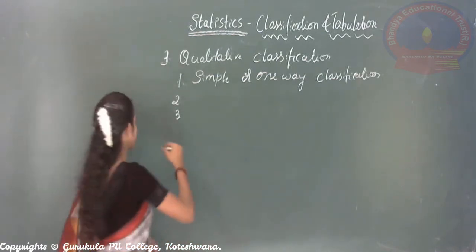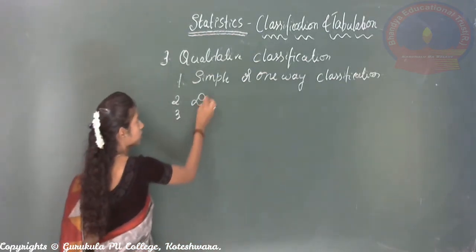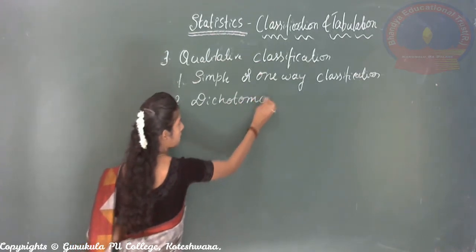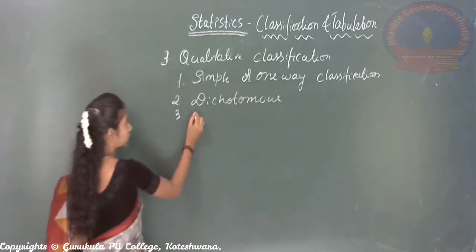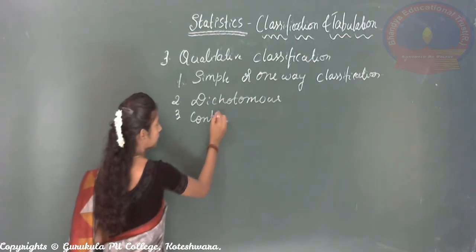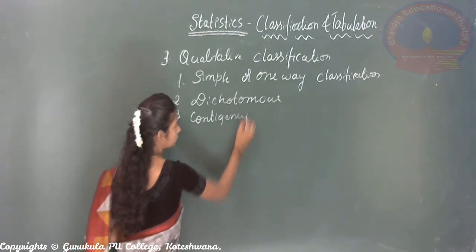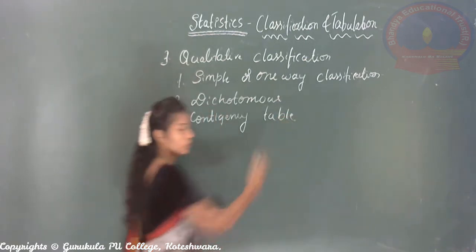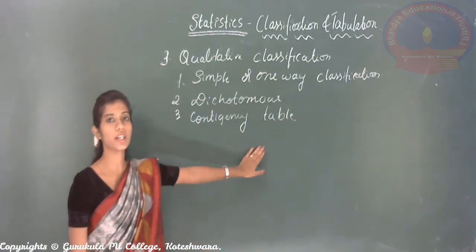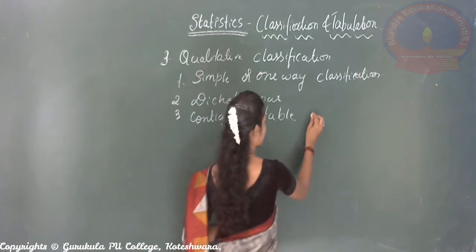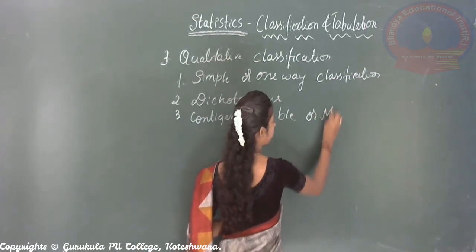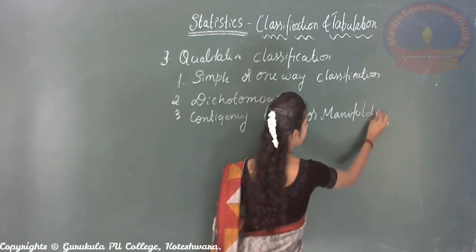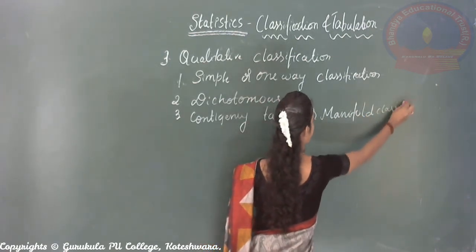Second one is dichotomous. Third one is contingency table, or another name for this is manifold classification.